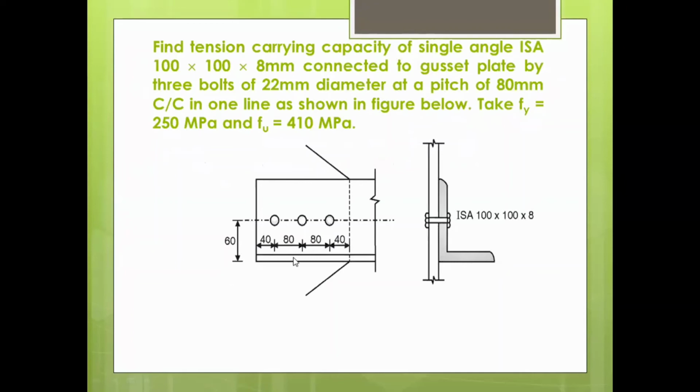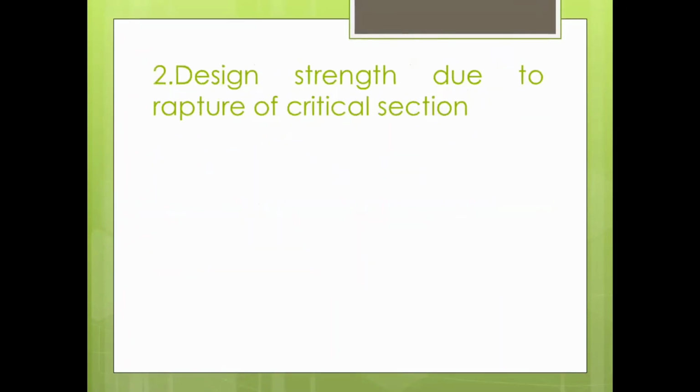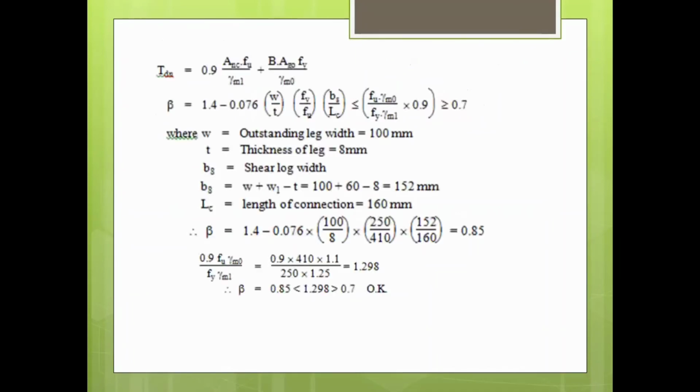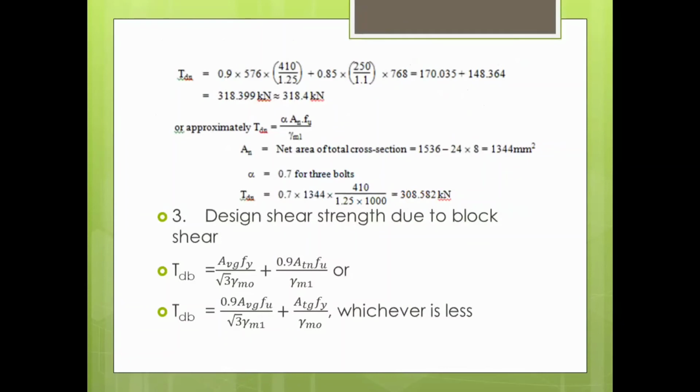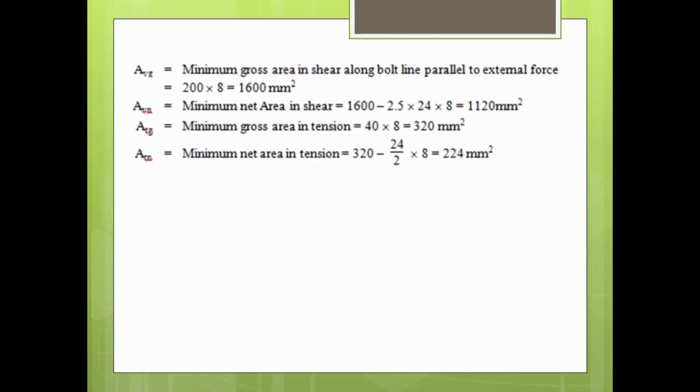So this is 200 into the thickness of the section, which is 8. So our gross area is 1600. You need to practice this a lot, otherwise you will not understand. So this is our gross area.